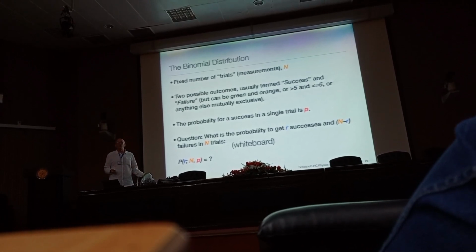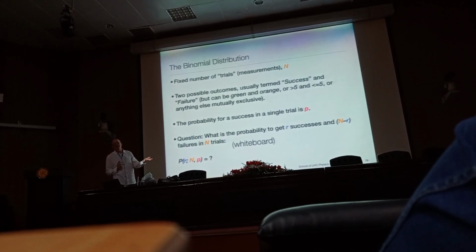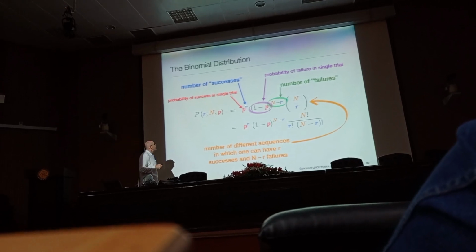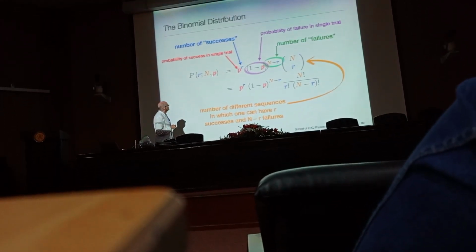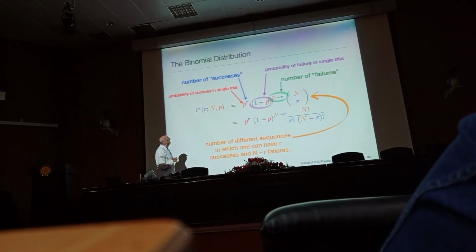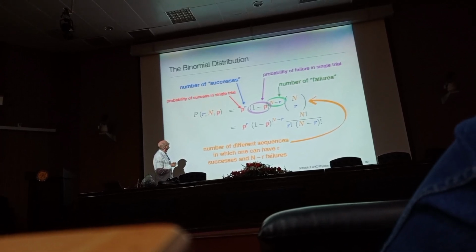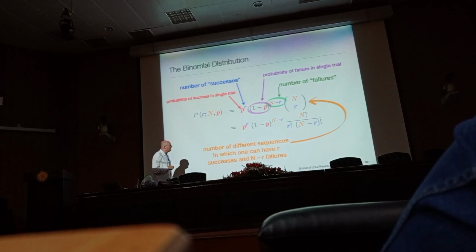And yes, here's the whiteboard. I will derive this for you, but in order to cut corners a little bit and save some time, I'm just going to give you the answer, and talk you through it at least a little bit. So this is my probability, my binomial, and this is the number of successes, the number of trials, and the probability for success in each trial.